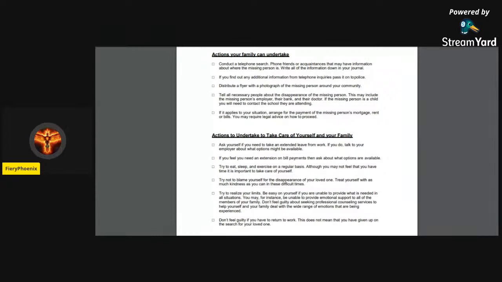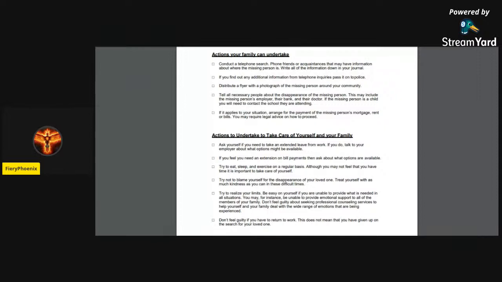You could distribute a flyer with a photograph of the person around your community. I've seen that happen. Tell all necessary people about the disappearance of the missing person. It may include the missing person's employer, their bank, and their doctor.